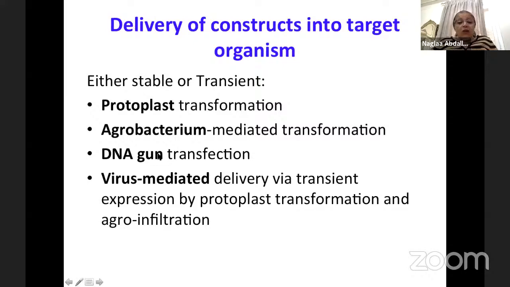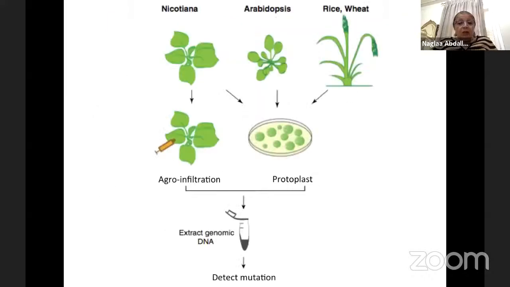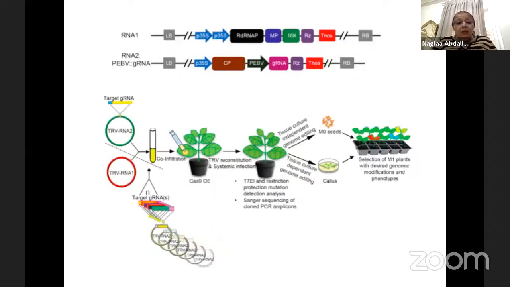But if we use virus-mediated delivery, we will insert the sequence inside the virus genome, we infect the plant with the virus, and in the second generation, we will not have transgenic plants. So in this case, we can use agroinfiltration with Agrobacterium or from protoplast. We insert the DNA, and the DNA will perform the editing, and we will have the edited plant.